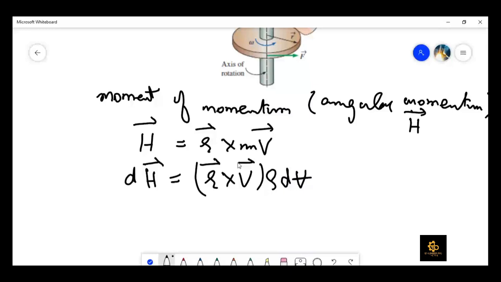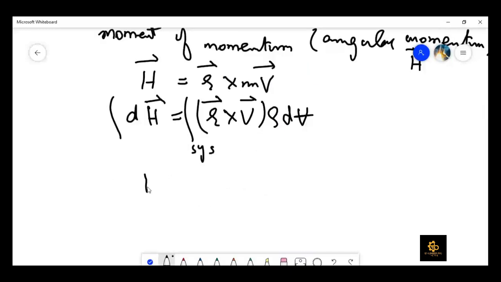And if we want to calculate the total one, then again we need to take the integral over the whole system, and then we can say that h of system would be equal to the integral of r cross V rho dV.